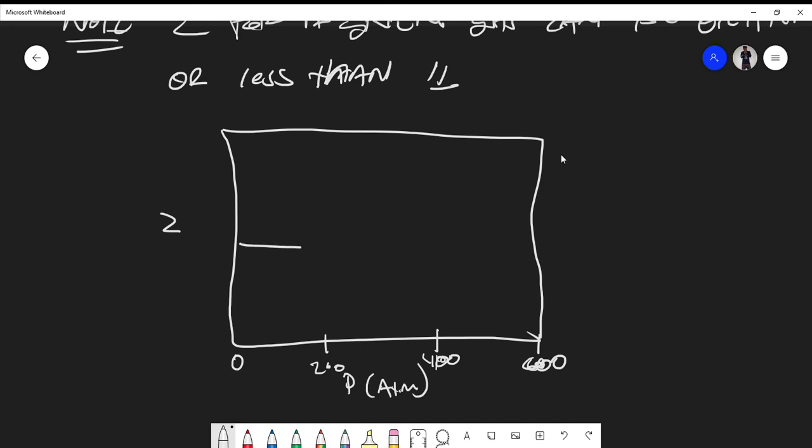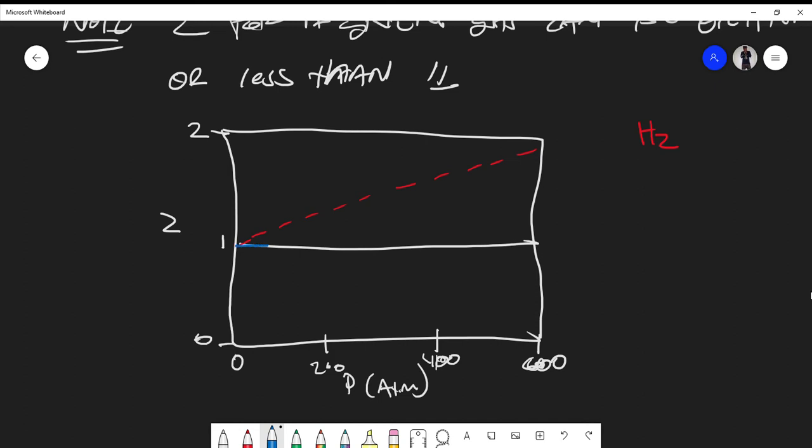In the midline, we have Z equal to 1, Z equal to 0 at the bottom, and Z equal to 2 at the top. And so what we can see, and maybe I should represent these in different colors, is hydrogen gas. And you can see that as Z increases, the pressure increases.